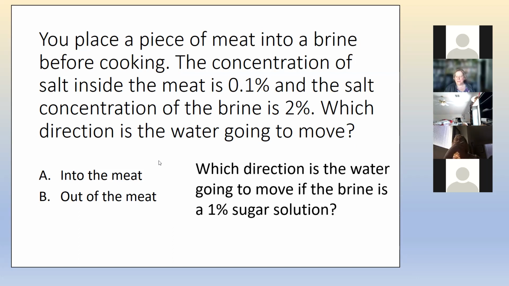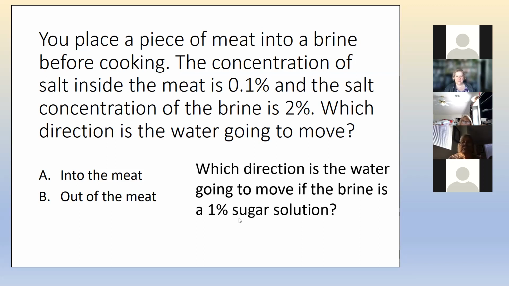Okay, so I'm going to go ahead and share results here. Most people picked out of the meat. So why? The answer is B, by the way. Why is the water going to move out of the meat?